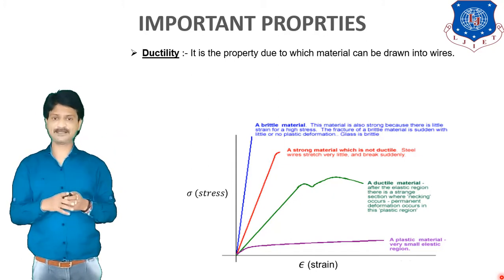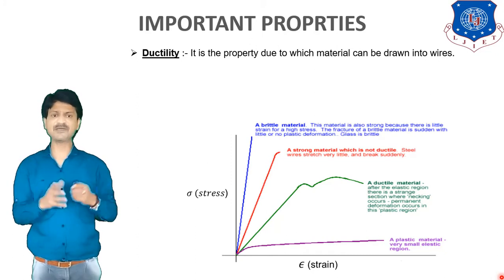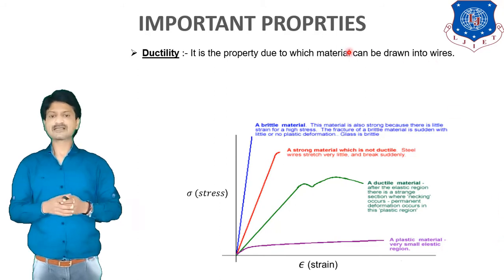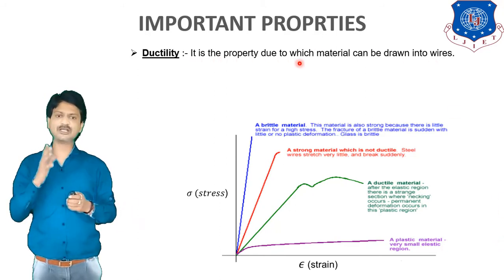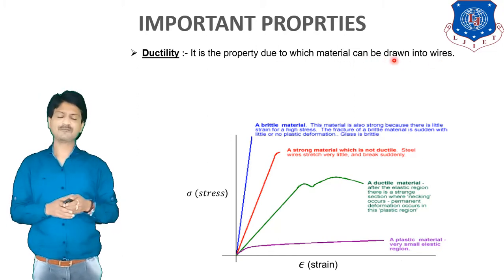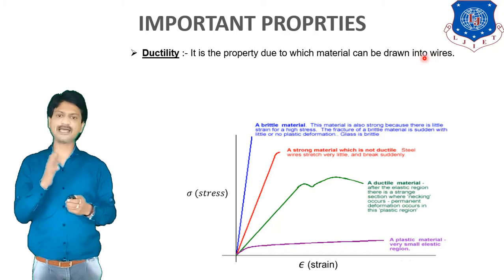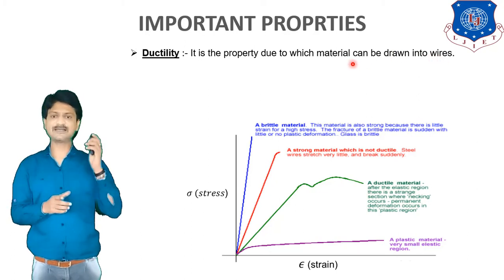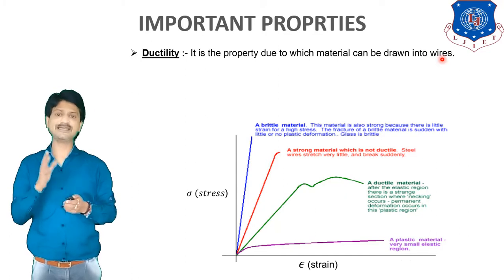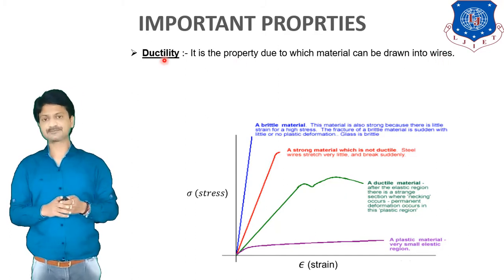A body possessing ductility can be reduced from a large section to a thinner section. It means that it can be drawn into wires. So silver, copper and aluminium are ductile materials because we can make many electrical wires from these materials, as they have the ductile property. So that is about ductility.